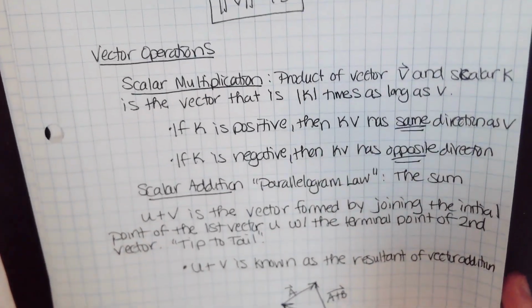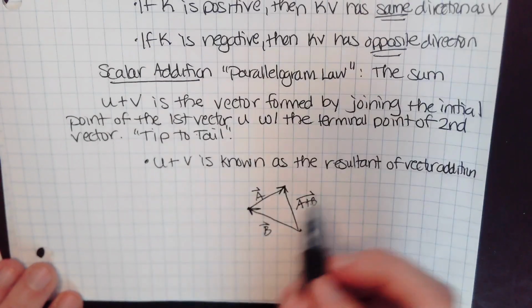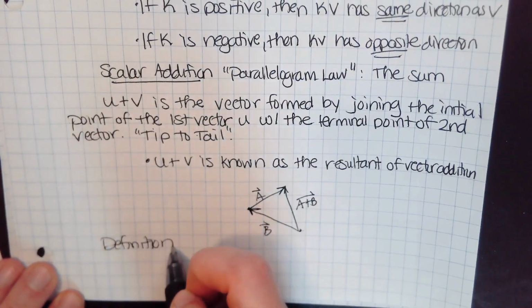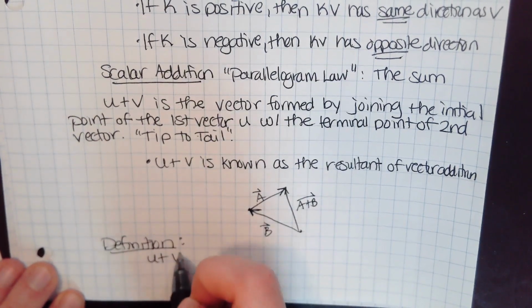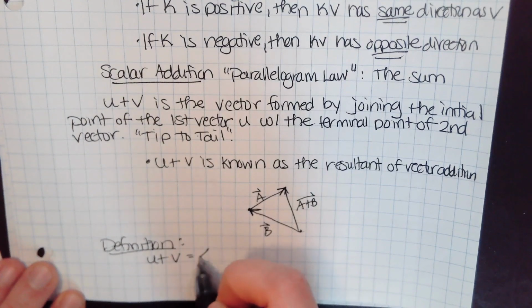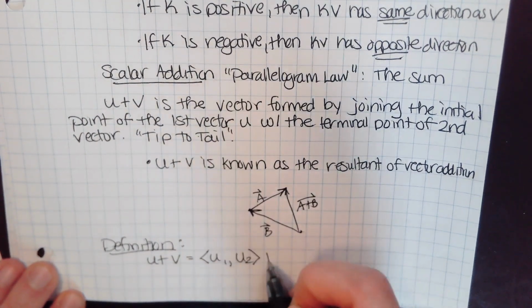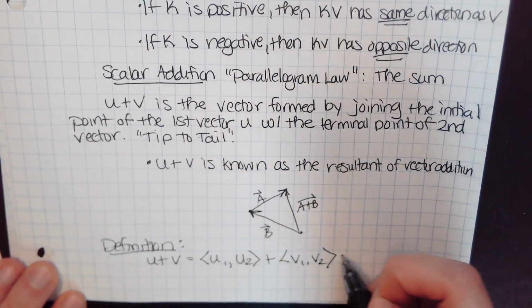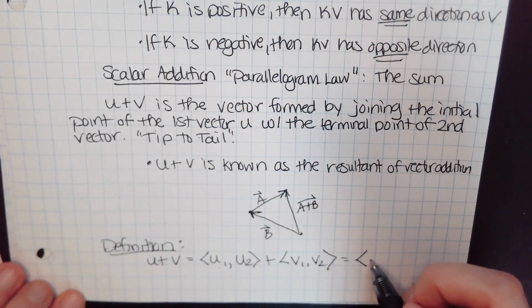All right, so for kind of your definitions here, and then we'll go into some problems. I know there's a lot of writing today. Definitions. Let's take u plus v if we're adding. So vector u would be u sub 1, u sub 2, plus vector v is v sub 1, v sub 2. You're just going to add your x coordinates and your y's.